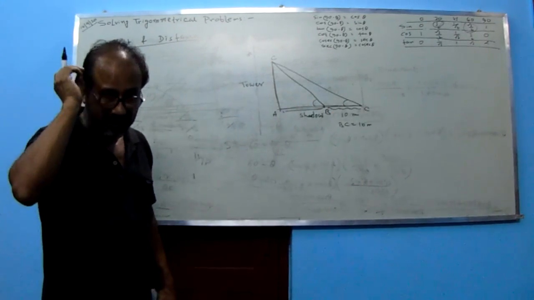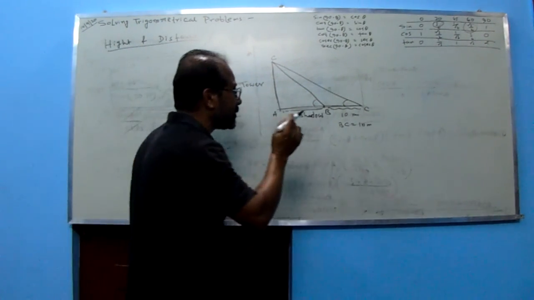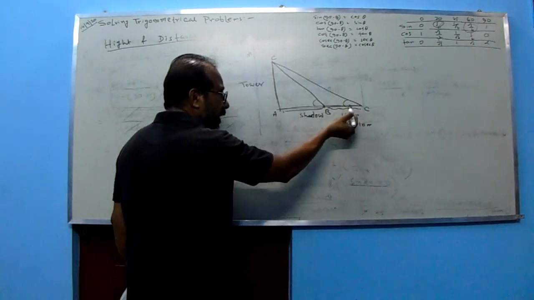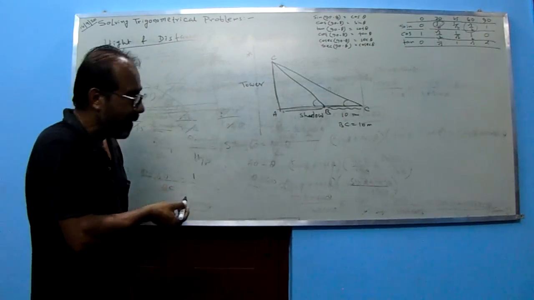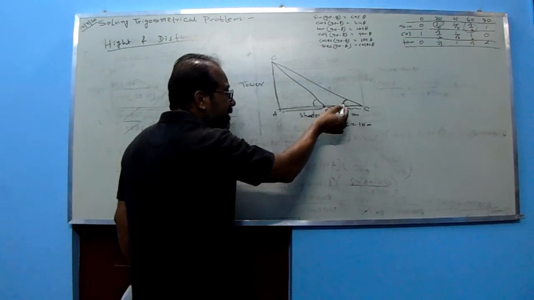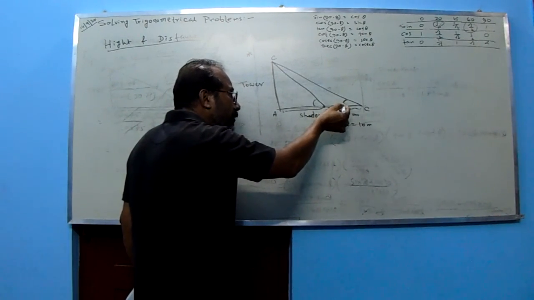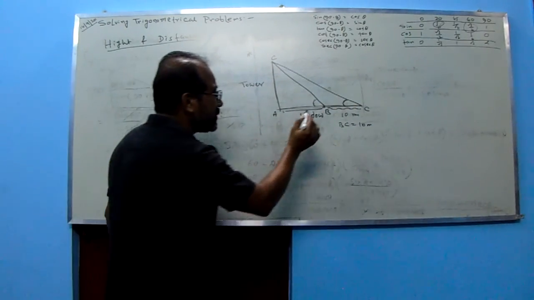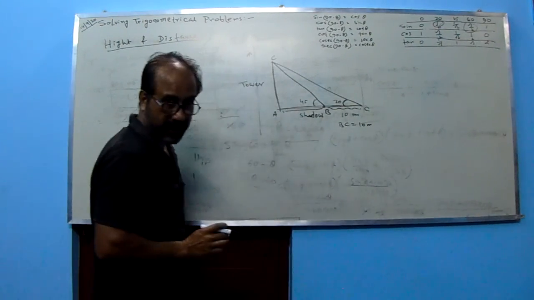One thing you must put in your mind: if you are approaching the tower from a far point, then this angle has to have the lower value in comparison with this. That means it should be 30, and this 45.